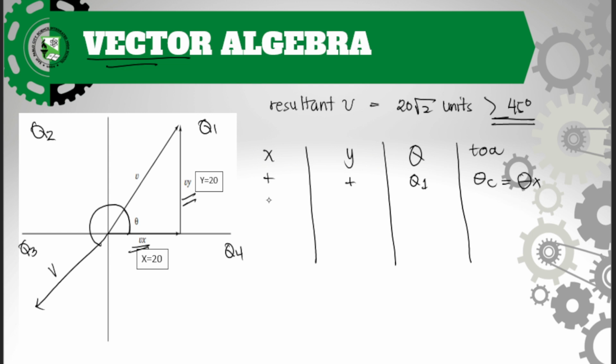Kapag naman nasa quadrant 2 siya, whereas your x component is negative, meron kang positive y component, para makuha mo yung angle reference to x-axis, kailangan mong i-subtract yung calculated theta mo kay 180.